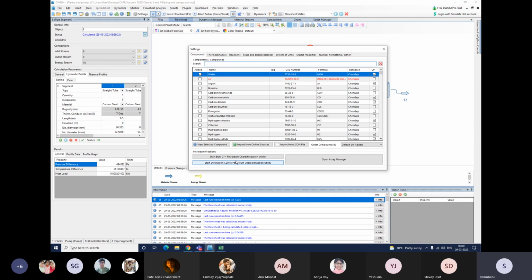That is the different way of selecting the components for crude oils or crude assays.